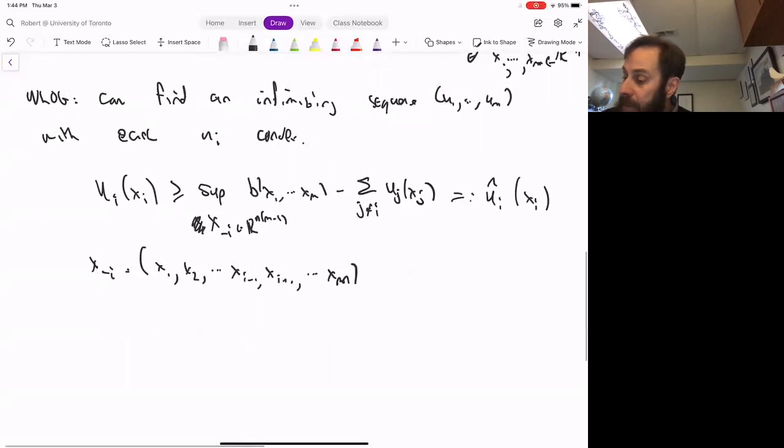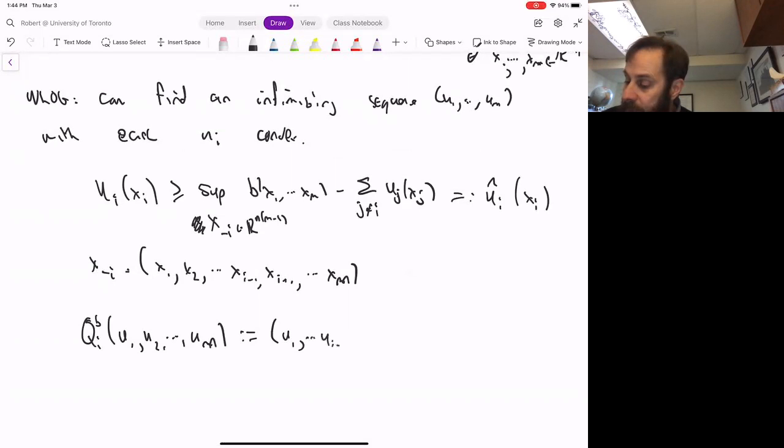I might call the operator Qi. Qi b of u1 to um would be just the same: u1 up to u(i-1), and then replace ui by ui hat here, and then u(i+1) all the way up to um.